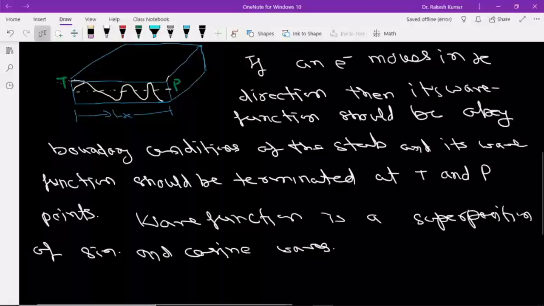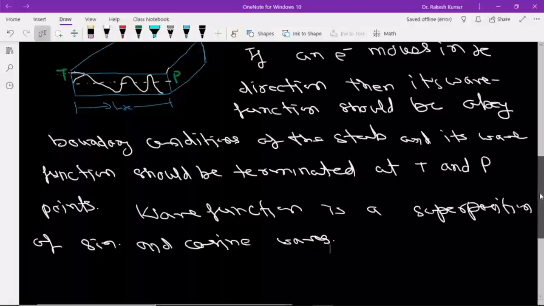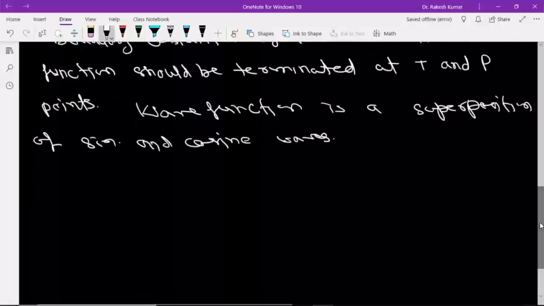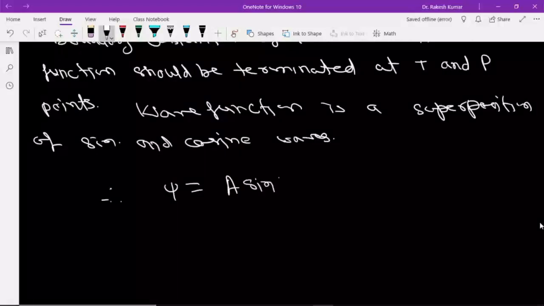So similarly, here we can write the electron wave function as a linear combination of sine and cosine waves. So a sin kx plus b cos kx.